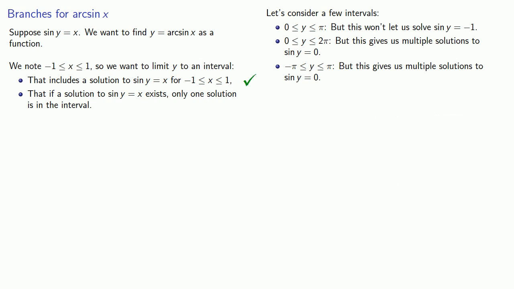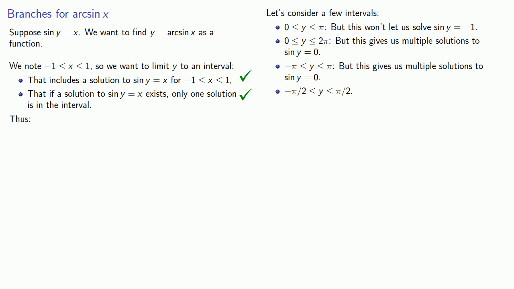Okay, let's try one more time. How about y between minus pi over 2 and pi over 2? We see that this will include a solution to sine y equals x for any x between negative 1 and 1. Moreover, if a solution exists, only one solution can be found in this interval.